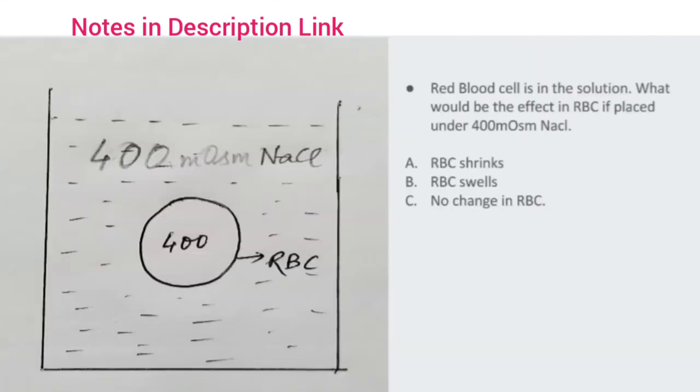Let's discuss some questions to solidify the concept of osmosis. In this question, a red blood cell of 400 milliosmol is placed in a container full of NaCl solution, and the osmolarity of the NaCl solution is also 400 milliosmol. What will be the effect on the RBC: does it shrink, swell, or is there no change?